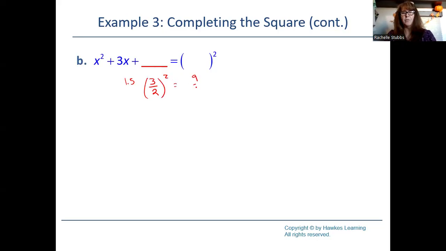You get 9/4. So you're going to add 9/4 right here. And that factors down to be X. And what did you find when you took half of it? You found 3 halves, didn't you? So plus, because it's plus here, and 3 halves. Now both those sides of the equation are equal. And I have completed the square there.